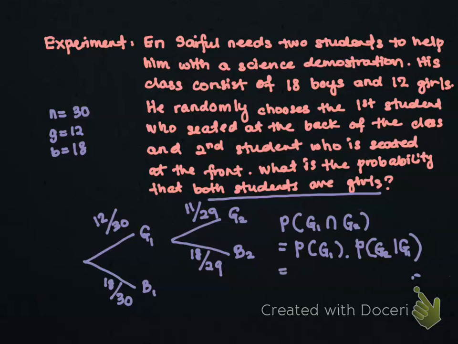The probability of a girl at the first event is 12 over 30, and the probability of selecting a girl at the second event, given that the first one is a girl, is 11 over 29. The total probability of selecting both girls is 22 over 145. So this is your probability of getting both students as girls.